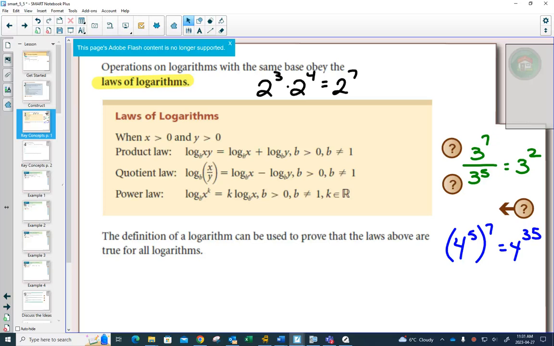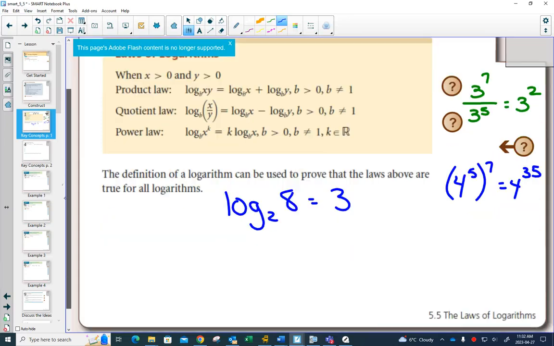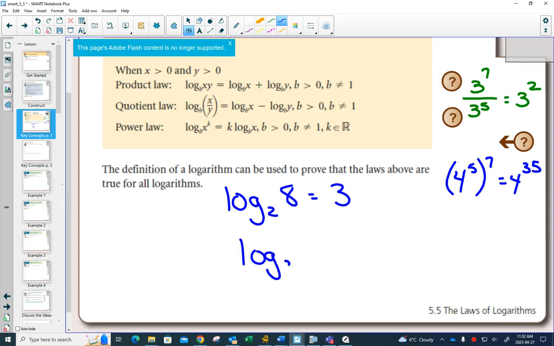I think that's easy to see with some of the mental math we've done already. First of all, I'm going to give you ones that you know. What is log 2 of 8? What exponent would make this work? Good, 3. Here's log 2 of 2. What exponent would make that work? 1.